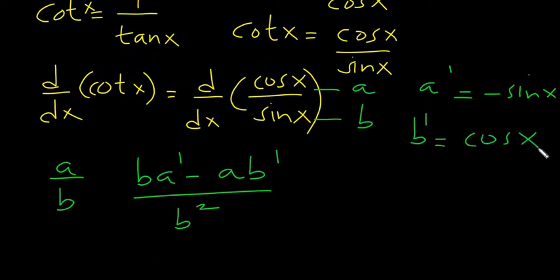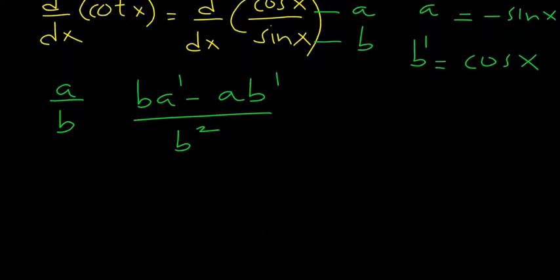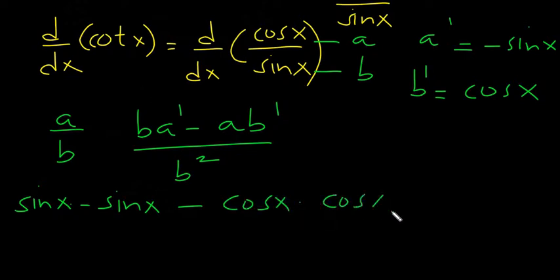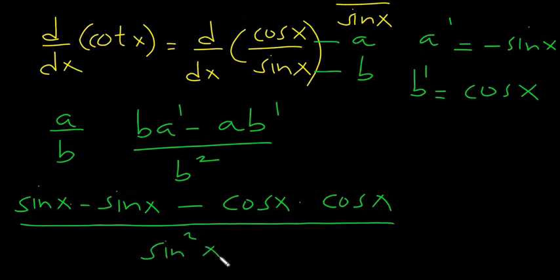So we can now substitute these values into our formula, so that we have b as sine x multiplied by a prime, which is negative sine x, and then minus a, which is cos x, multiplied by b prime, which is also cos x, and then all this divided by b squared. Now b is sine x, so b squared is sine squared x.